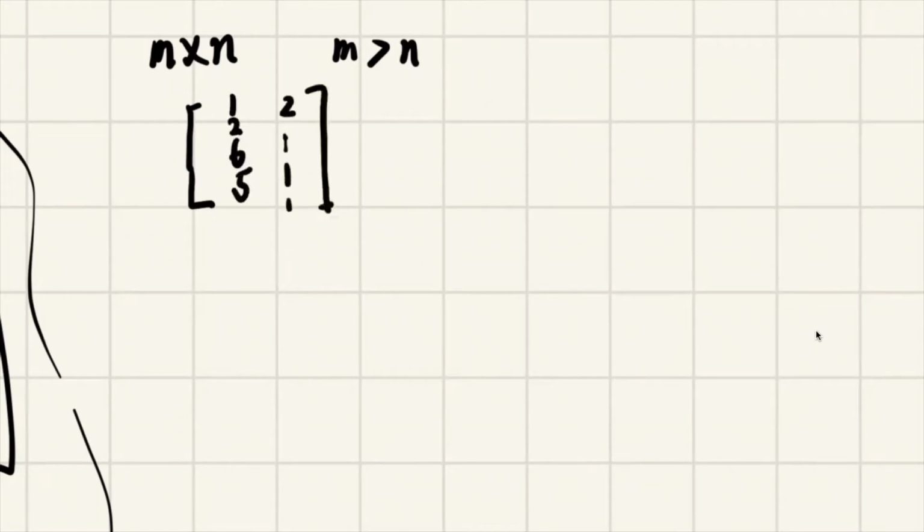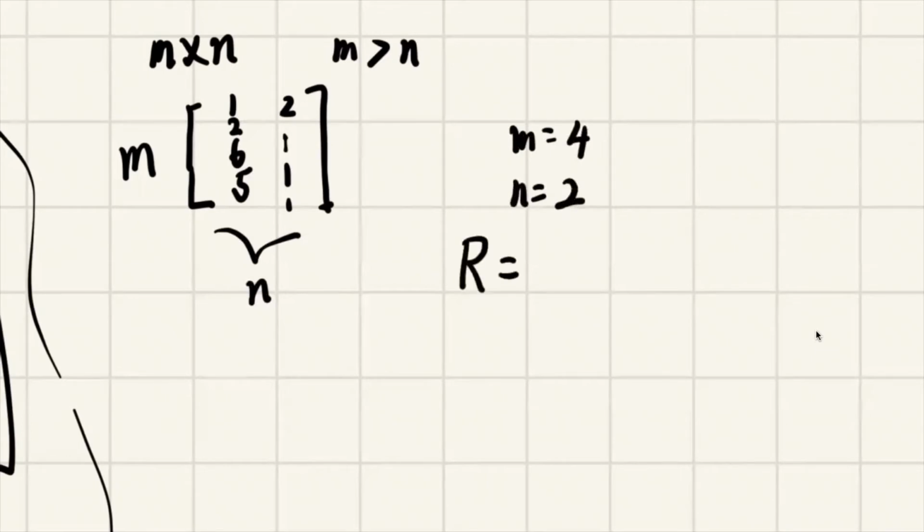For this matrix, m equals 4, n equals 2. If we talk about the rank, rank is the minimum of m and n. Since this one has full column rank, it equals 2.